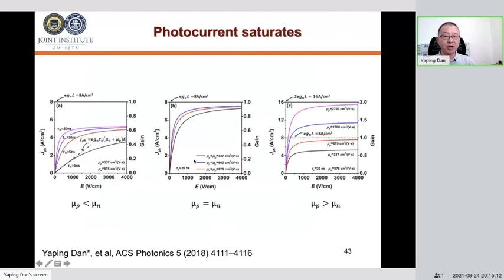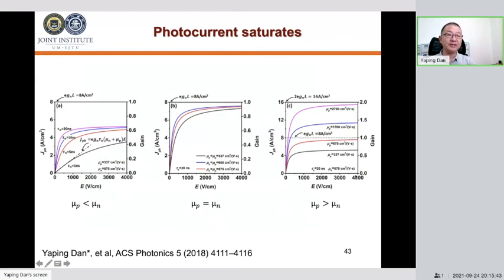If the mobilities are equal, then as you increase the electric field intensity, the photo current will saturate, and the gain will approach 1. When mu p is larger than mu n, the gain can be larger than 1, but it's still much smaller than this ratio, not higher than this ratio. So only a few times of that.